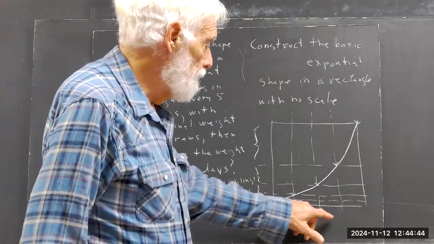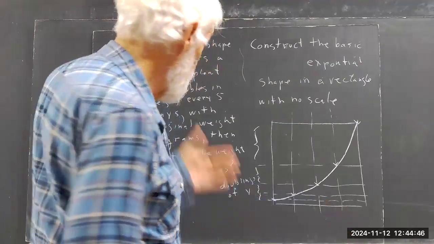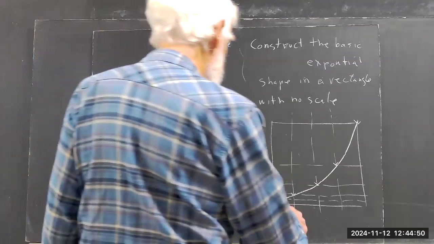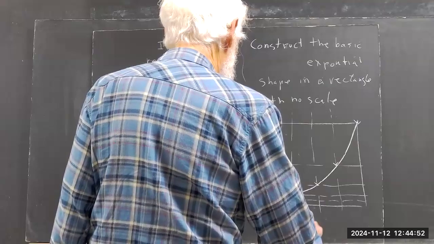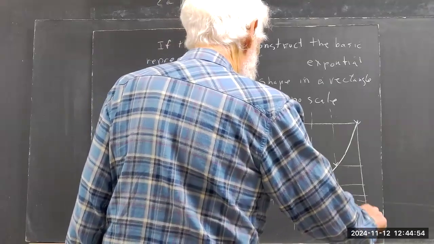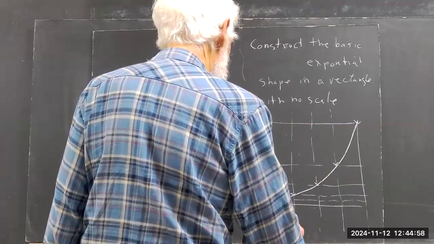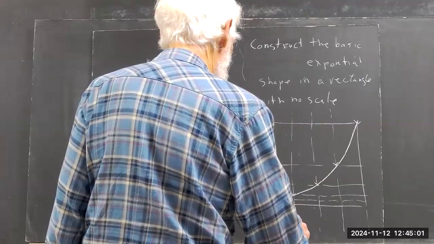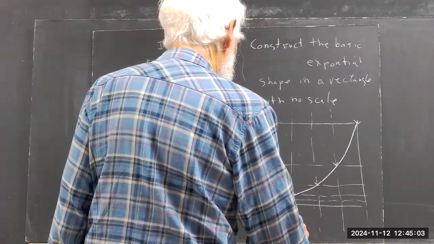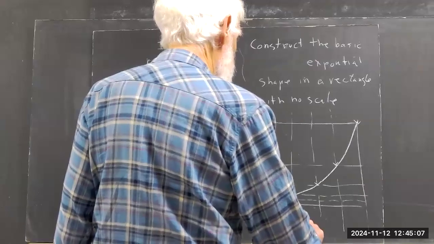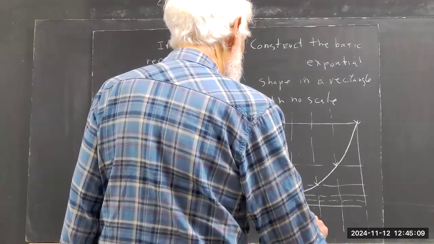So we know that each of these distances for this model has to be 5 days. So if we extend these lines a little bit, I'm having trouble writing days that little on the board, but it says 5 days. And I'm just going to write 5.